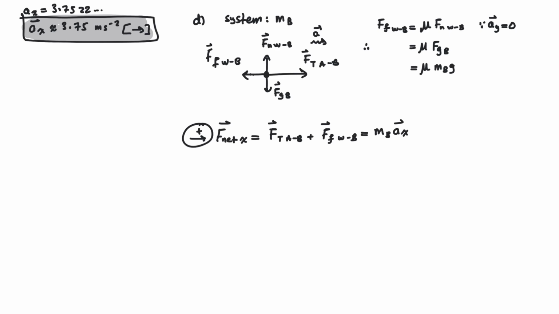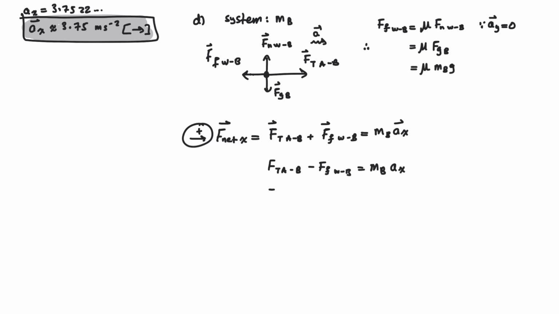I'm going to turn them into magnitudes. This force is to the right. Right is positive, so I'm going to use a positive. This force over here is going to the left. Positive is to the right, so therefore I'm going to use a negative. Mass B is just mass B. It's not a vector quantity. AX is going to the right. Positive is right, so I'm going to use a positive.